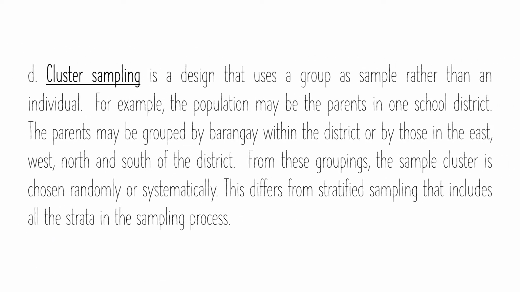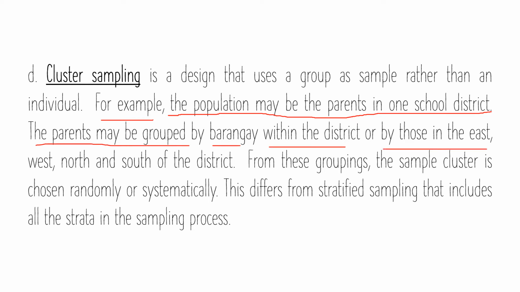The next is your cluster sampling. It's a design that uses a group as a sample rather than an individual. For example, the population may be the parents in one school district. The parents may be grouped by barangay within the district or by those in the east, west, north, and south of the district.